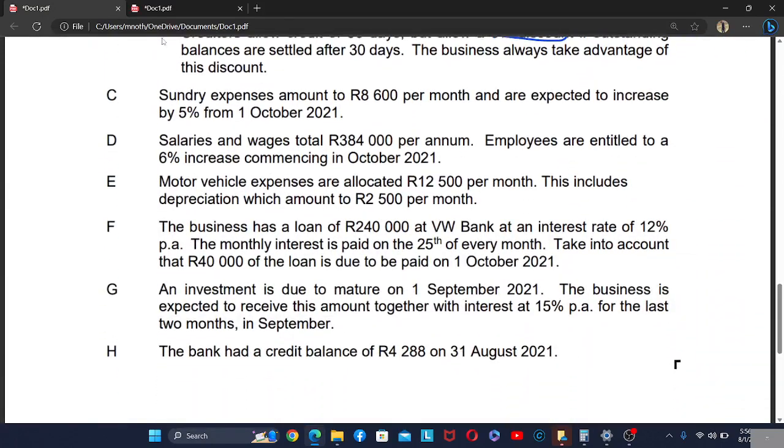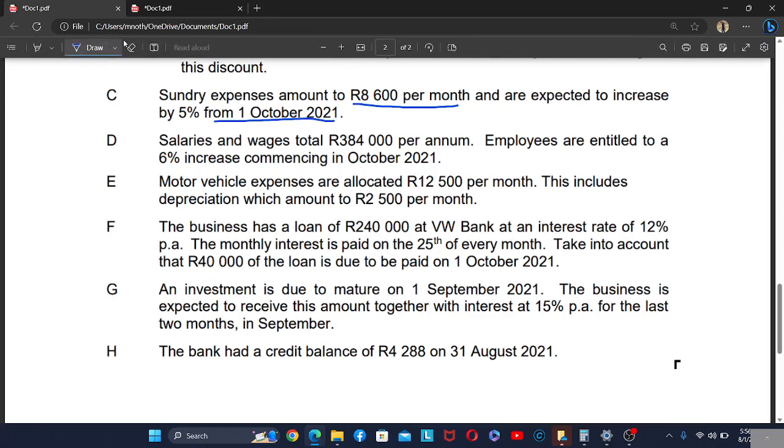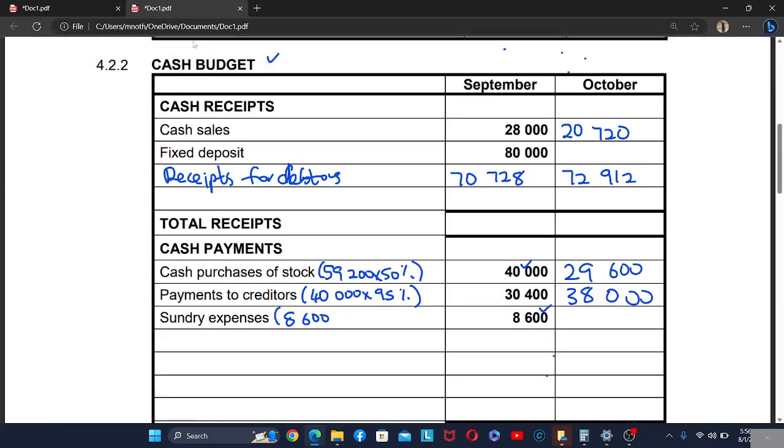Let us see. Expenses amount to 8,600 per month, but are expected to increase by 5% from the 1st of October. Now, per month, they are 8.6. It's already given here. And then from the 1st of October, they will increase by 5%. So we're just going to say multiply by 105%.